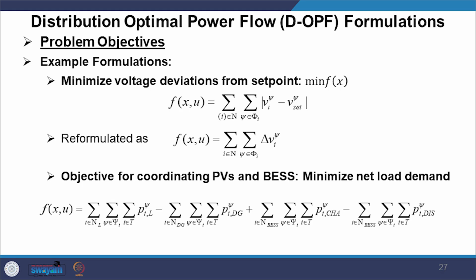So, as per the requirement of the utility or the user, the problem of D-OPF can be defined with different objective functions, as we discussed: power loss minimization, PV hosting capacity maximization, voltage deviation from set point minimization, as well as net load demand minimization. And we do have different constraints, that is power flow constraints, which are non-linear equality constraints.